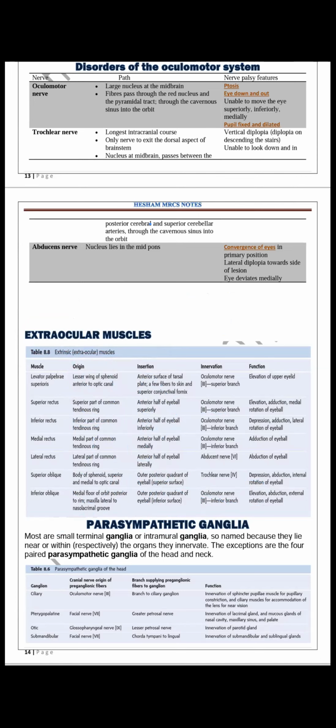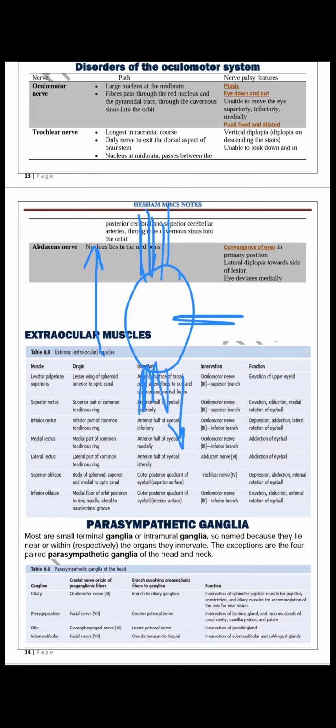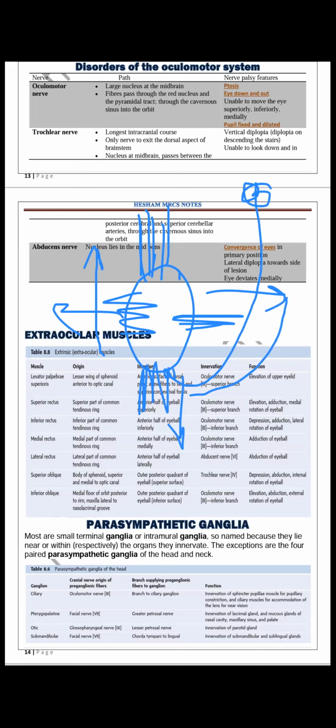Action for all of them. Recti is simple. Superior rectus moves the eye upwards, inferior rectus downwards, medial rectus medially, lateral rectus laterally. Here we will go for superior oblique. Superior oblique causes traction above, so it will move the eye downward and outside.